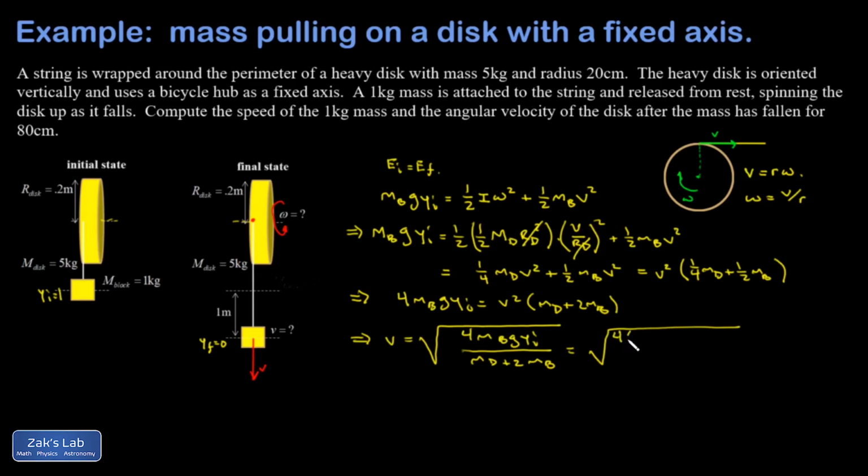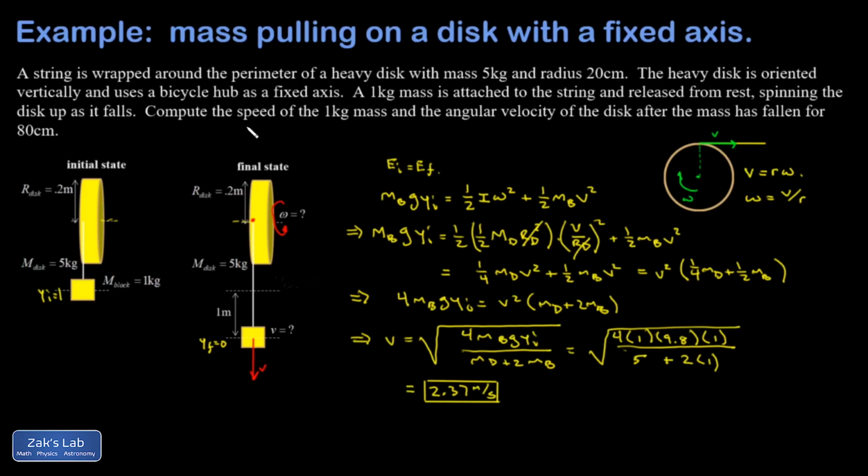And I've got 4 times 1 kilogram, g is 9.8, initial height was 1 meter. All divided by the mass of the disk, which is 5, and then twice the mass of the block, which was 1. And I end up with 2.37 meters per second.